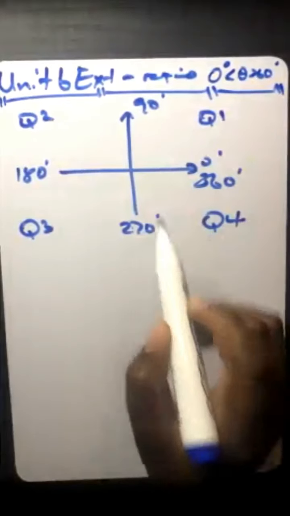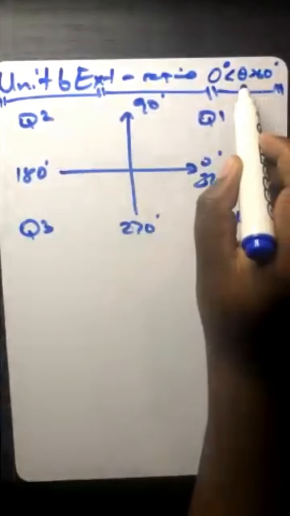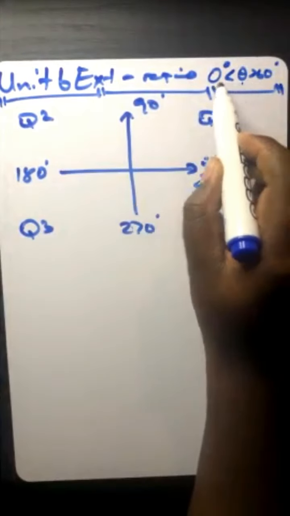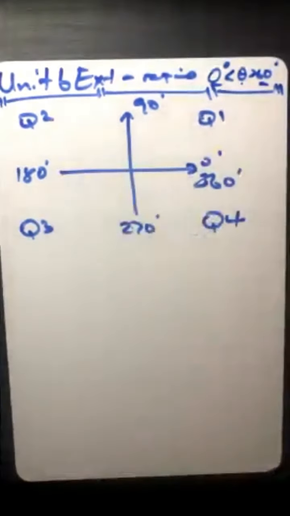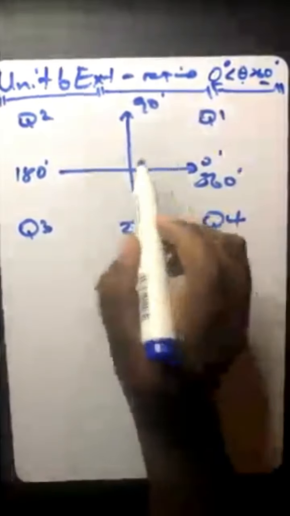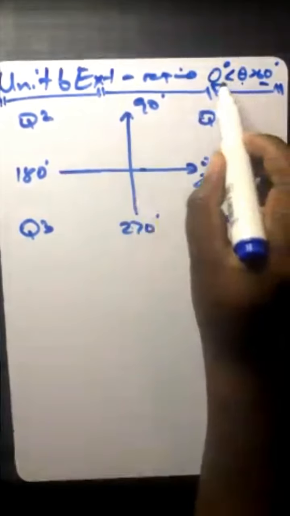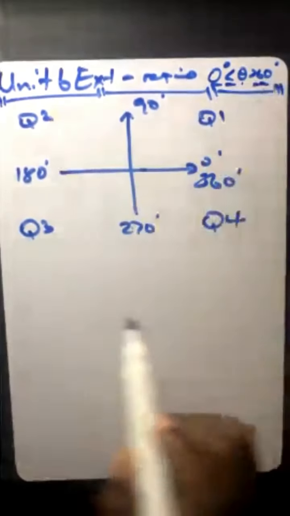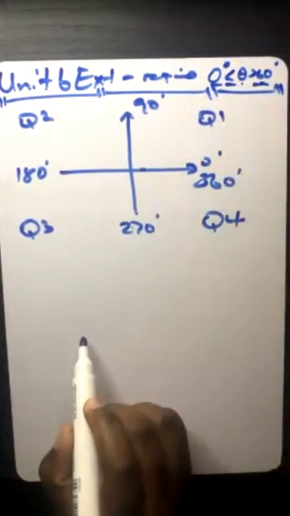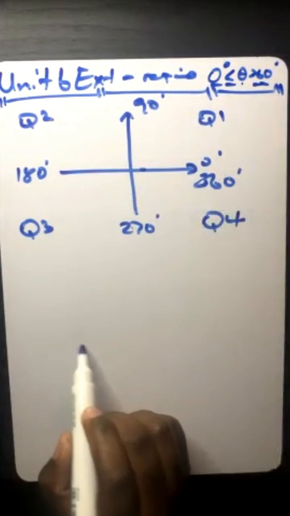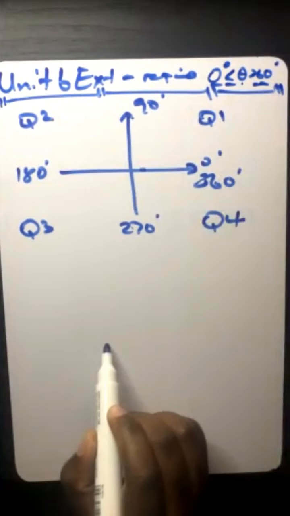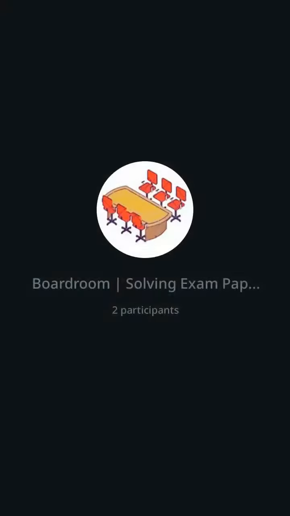So an angle which is between 0 and 360 degrees is somewhere in one of those quadrants. So we know that it starts from there. Let me ask you something, LB. When something is written like this, let's say P is less than or equal to 7 and 4, how do you interpret this?